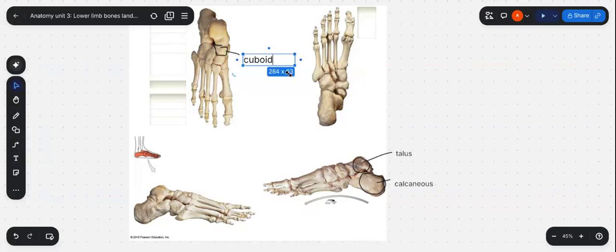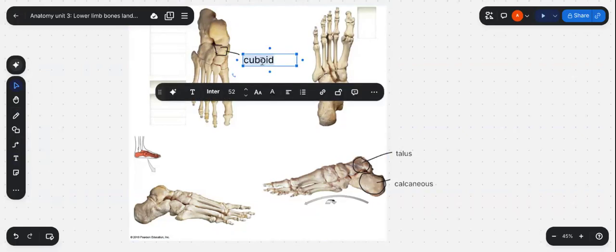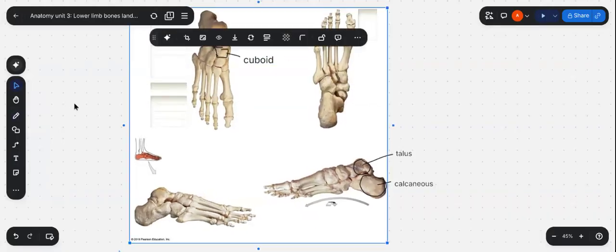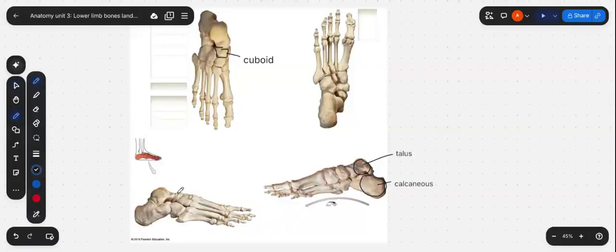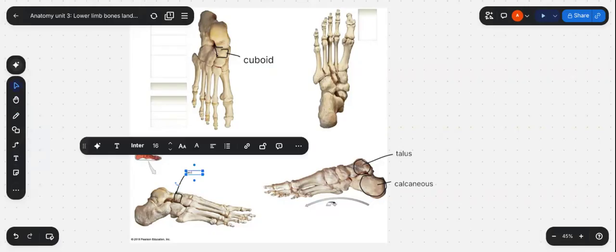It looks very square looking, so that helps to differentiate where it would be placed. All right, now you have your navicular. The navicular is up here at the very top, right over there.